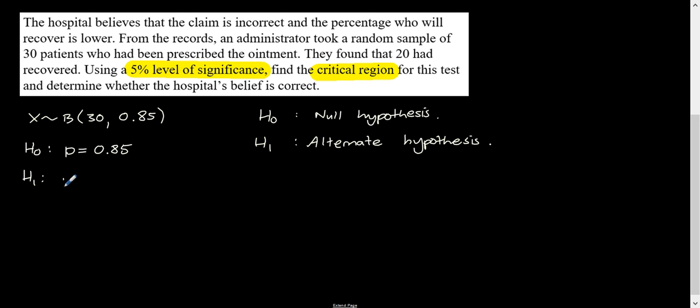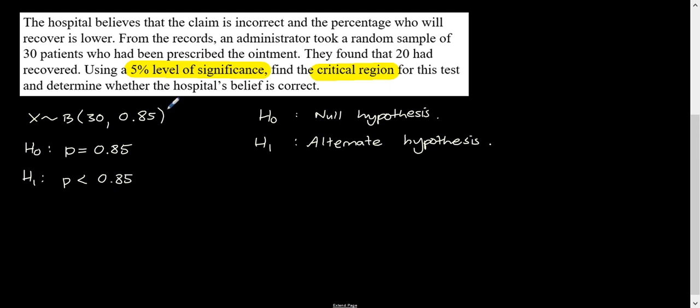And for this problem here, because we've established that 20 out of 30 is below 85%, we're testing that the probability is actually less than 85%. So our alternate hypothesis is saying, no, the probability is less than 0.85.